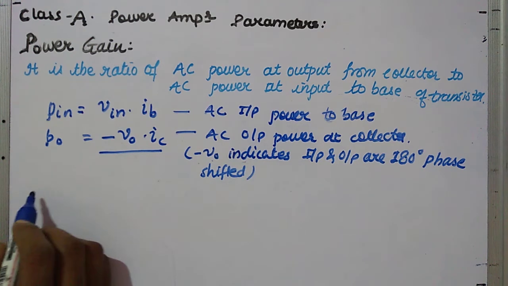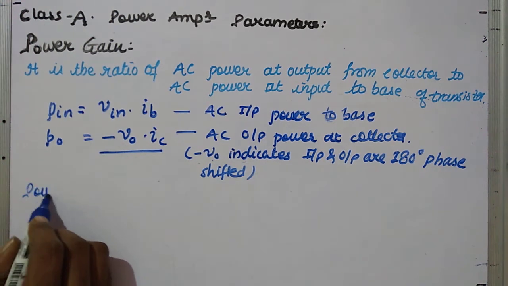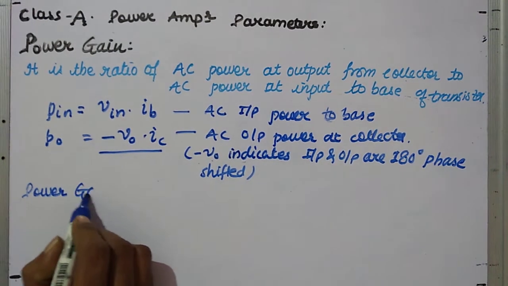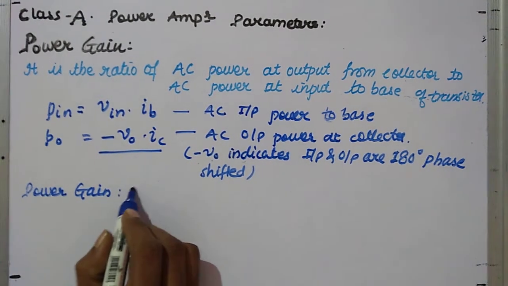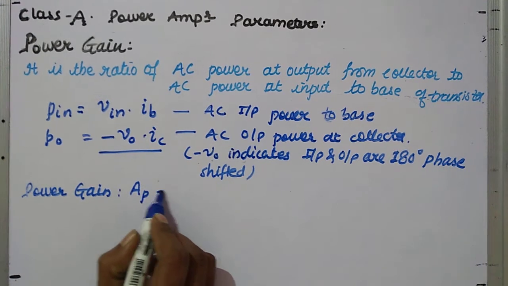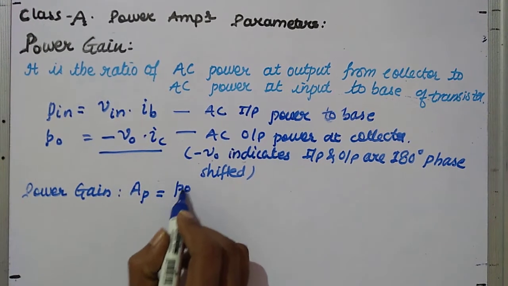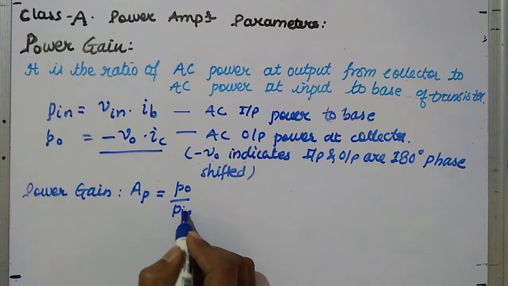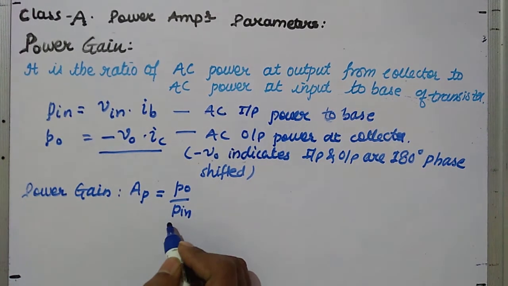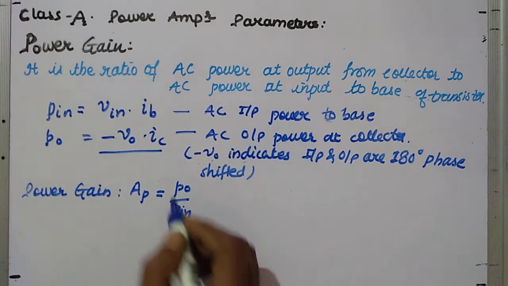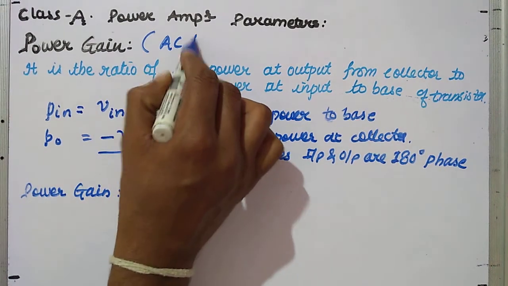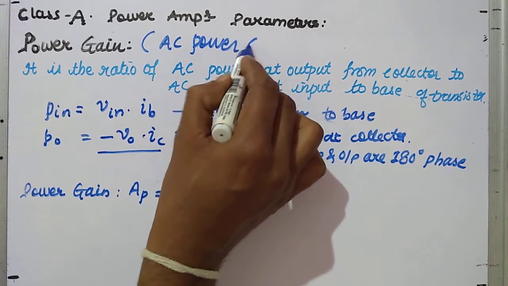So power gain, we represent it by Ap is equal to Po by Pin. Here we are using small letters just to explain that it is AC power gain. So I can mention AC power gain.